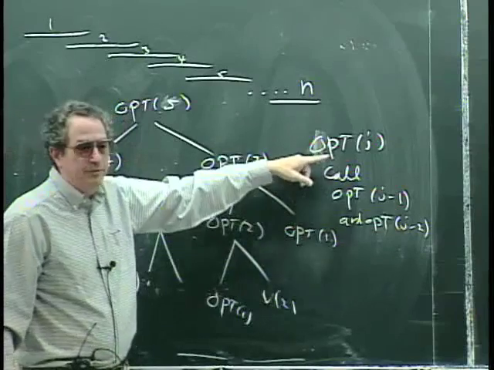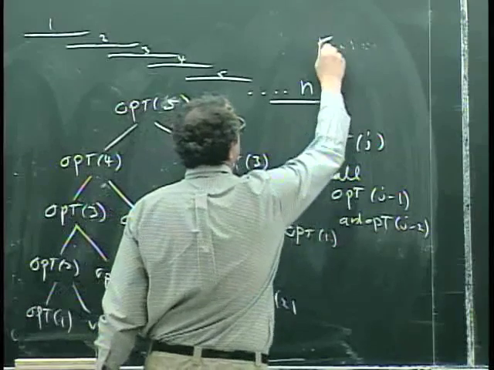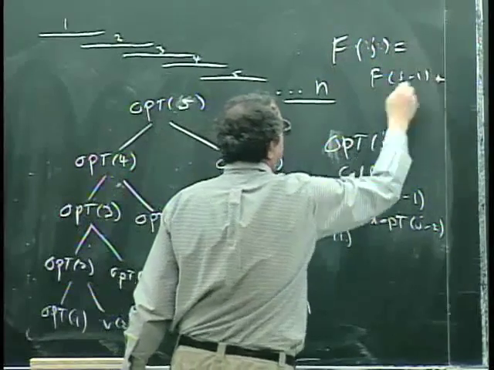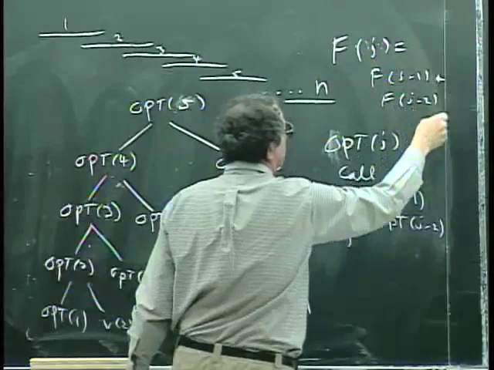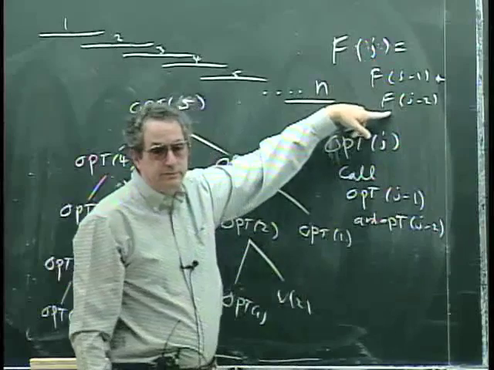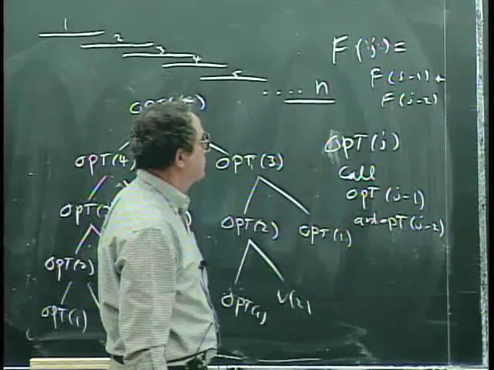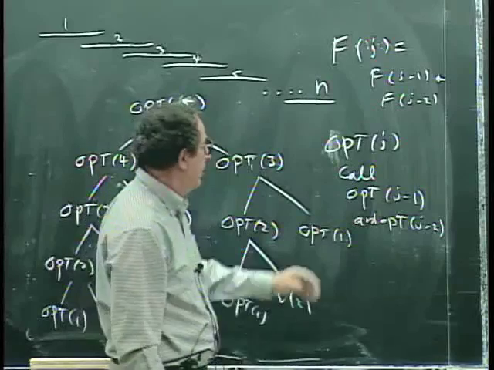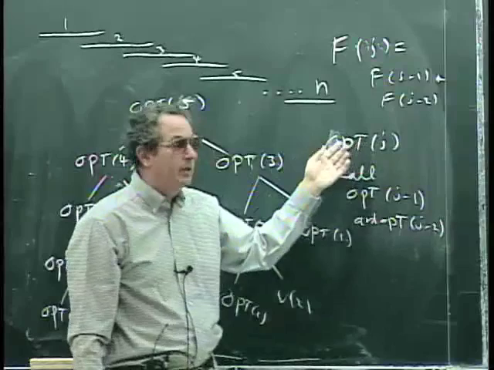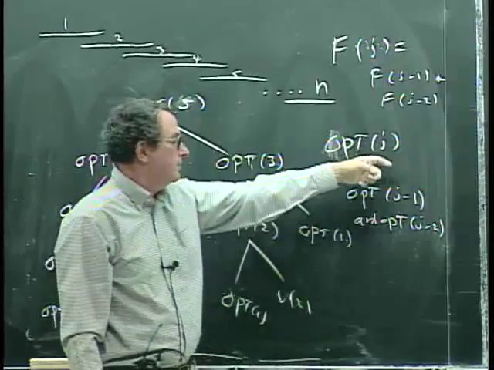Okay. So the Fibonacci series, which is f of j equals f of j minus 1 plus f of j minus 2, that's the general recursive description of the Fibonacci series. Here we're considering how many calls it will take to compute opt of j.